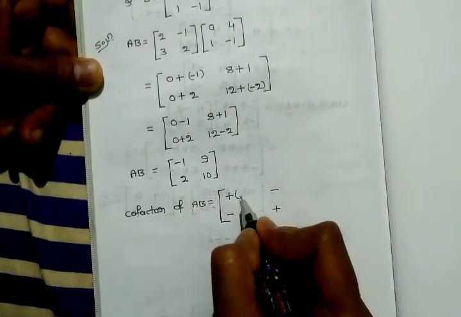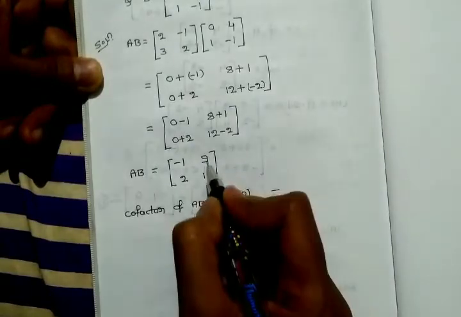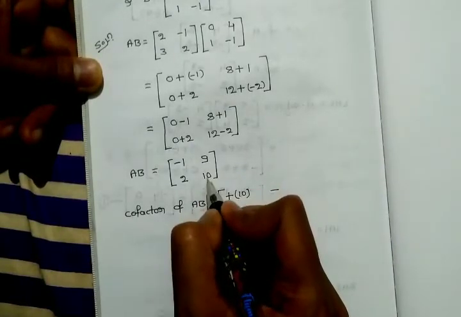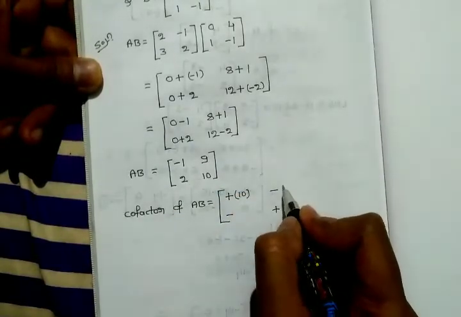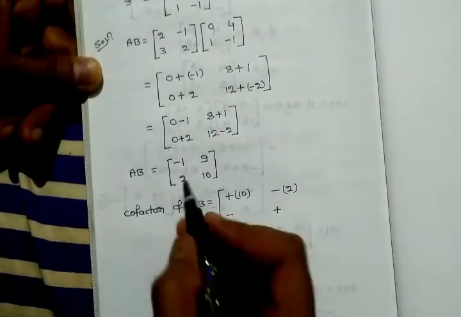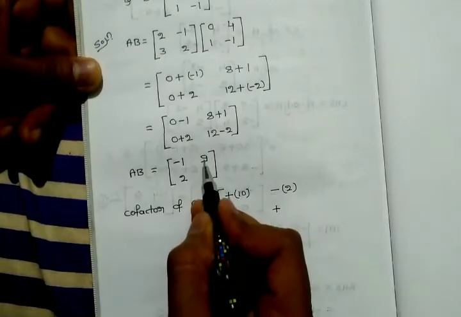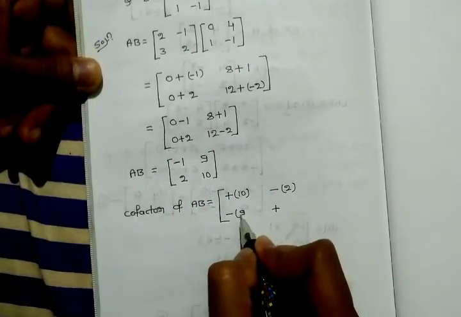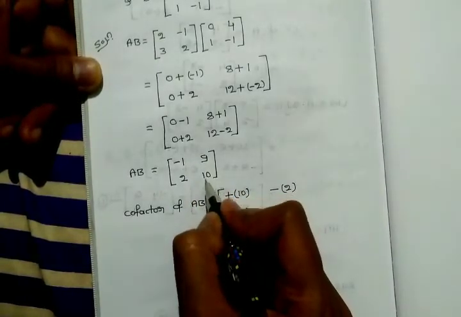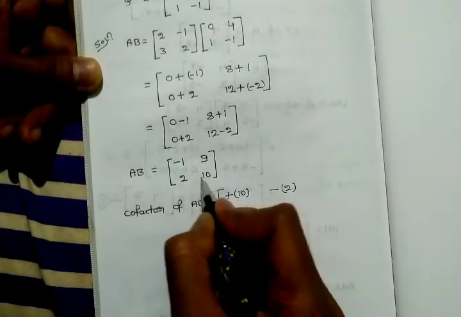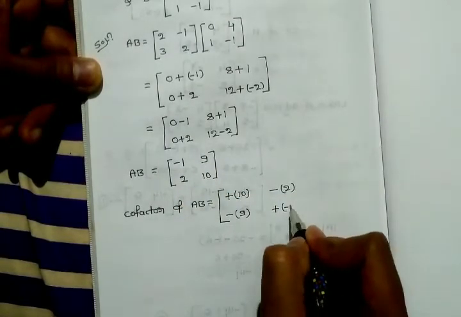Remaining element is 10, note down here 10. Second element 9, delete that column and row. Remaining element is 2, note down here 2. Third element 2, delete that particular column and row. Remaining element 9. Last element, fourth element 10, delete the column and row. What is the remaining element here? Minus 1.